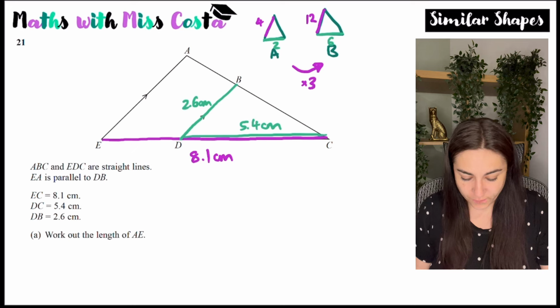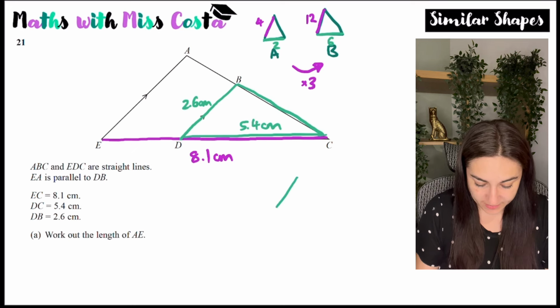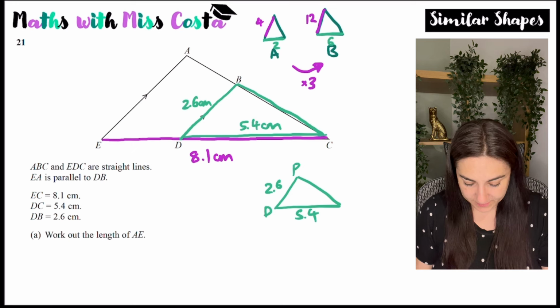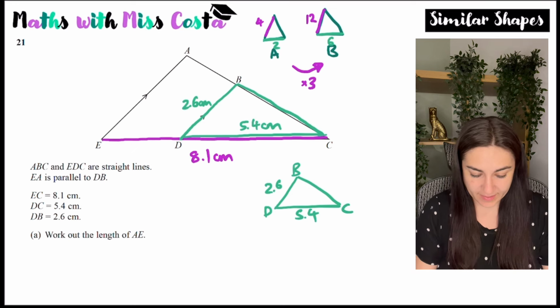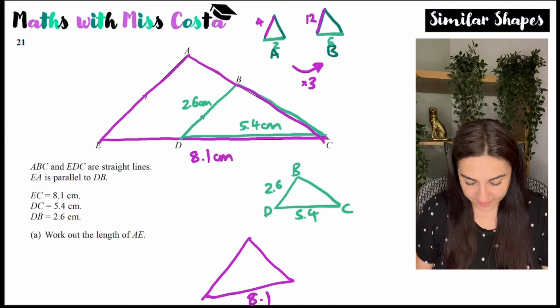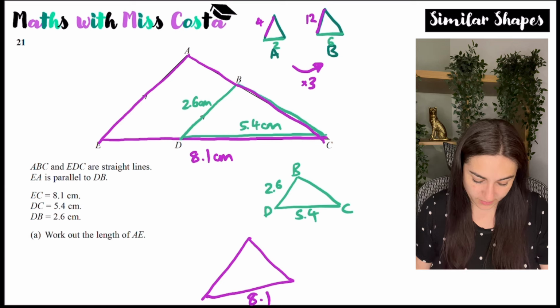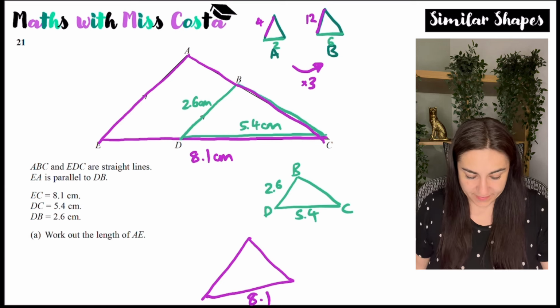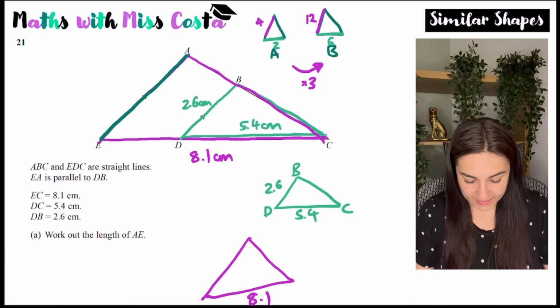Now, hopefully you can see that there's this little triangle here, which is 2.6 and 5.4, and that can be triangle DBC, and that sits inside this larger triangle, which has the length of 8.1, an unknown and an unknown. Now I need to work out the length of AE, which is this one here.